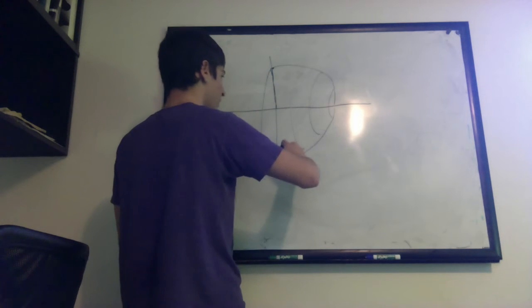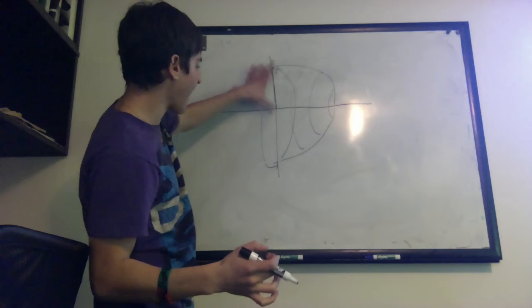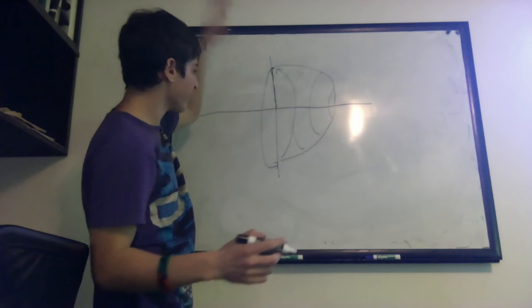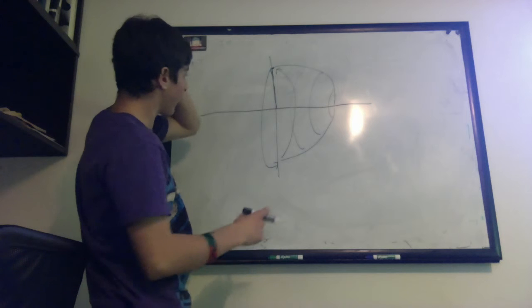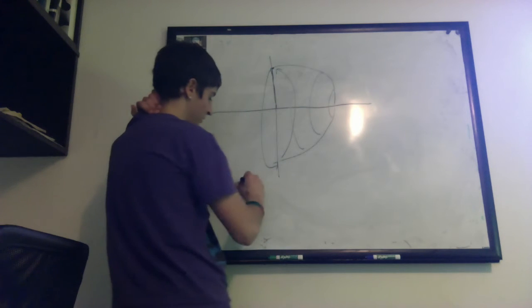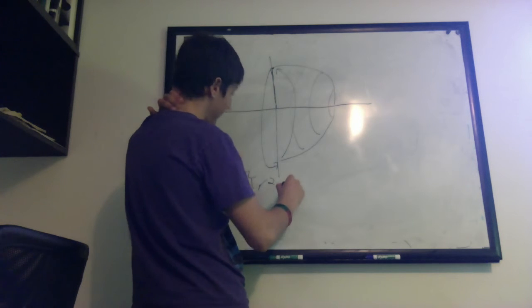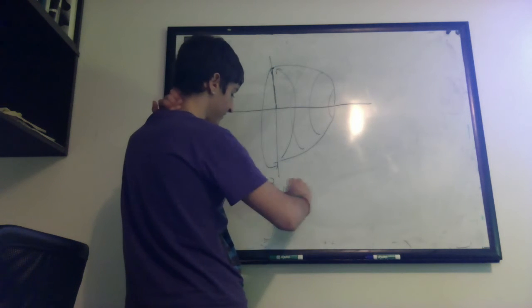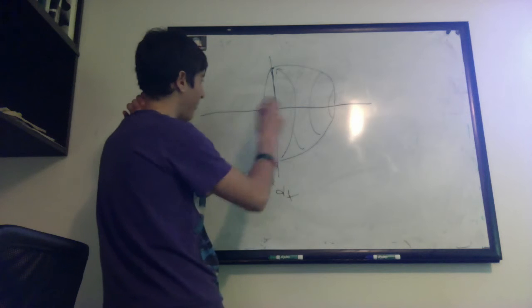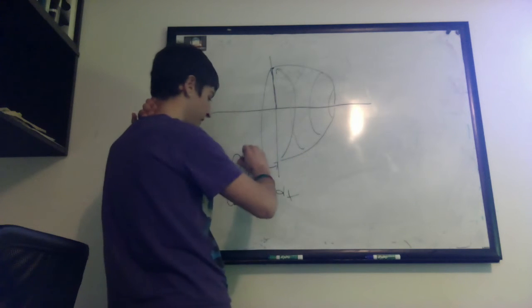Now that's half of that, so you could consider it the radius. This is like the area of a circle, and then it has a tiny width. So it's going to be pi r squared, and then tiny width is dx. And then you're going to sum up all of those. So the integral from a to b.